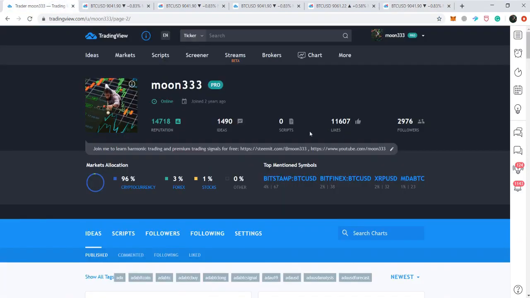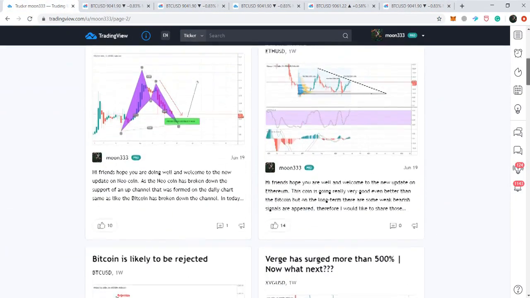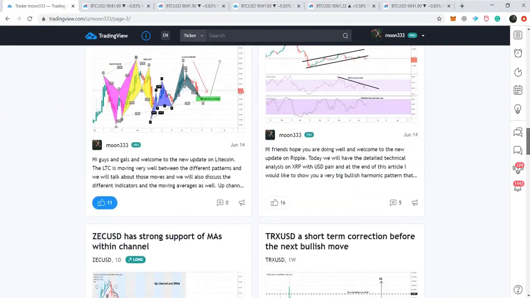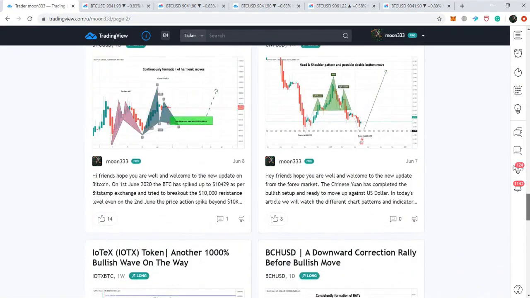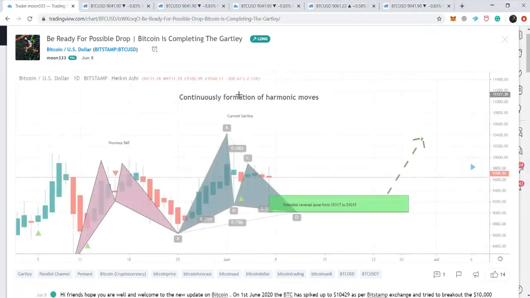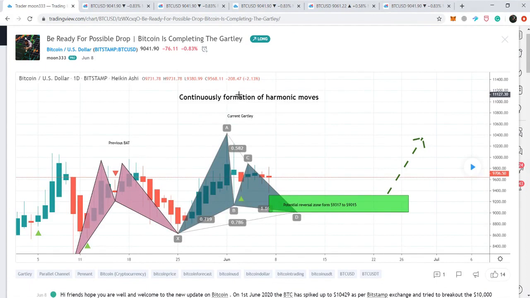First of all, I would like to recall my previous idea with you guys, when I told you that the price action of Bitcoin is likely to complete the final leg of a Gartley pattern when the price action was moving between $9,800 and $10,000, and that the price action can have a drop.